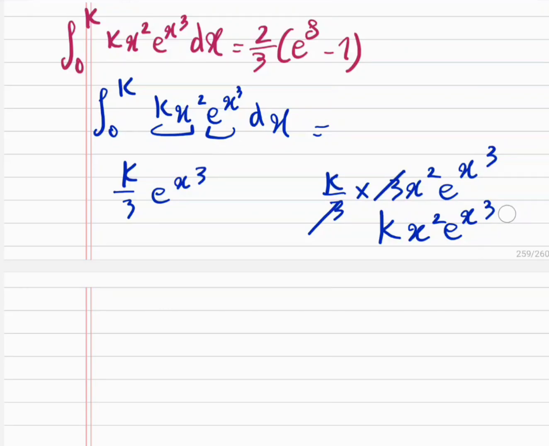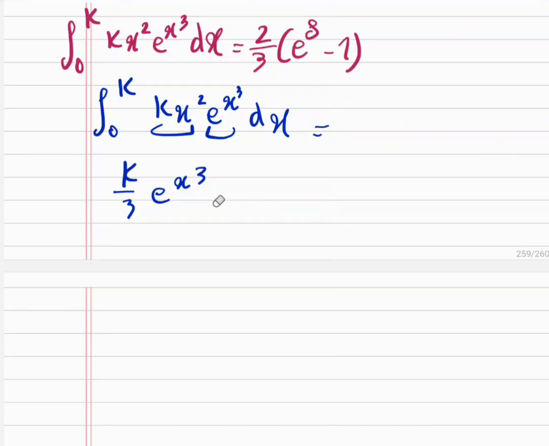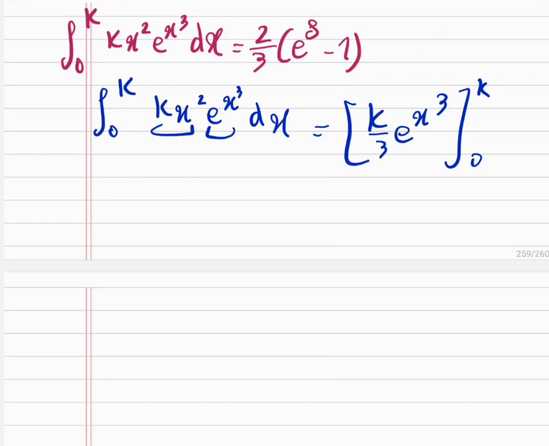Okay, now that we know this is the answer to the integration, let's write that here: k/3 e to the x cubed. Now we can solve the equation. We also have the right hand side, which is 2/3 times e to the 8 minus 1. Now we just substitute the bounds.